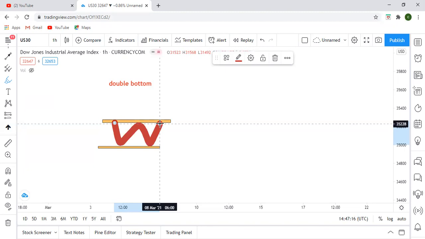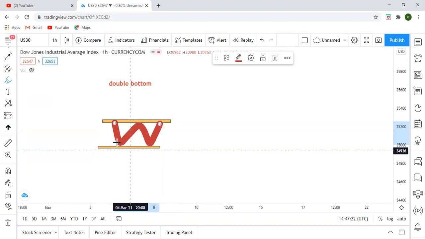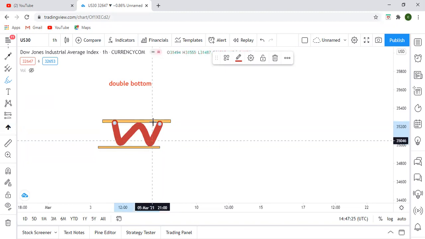I'm changing a trend. Where the market is supporting, it's here. The market creates your bottom here. This is your bottom, and this is your bottom. Where your W is resisting, that's what we call the neckline. If we break this neckline, the market is going to come and respect it, which means it's going to give you a retest.